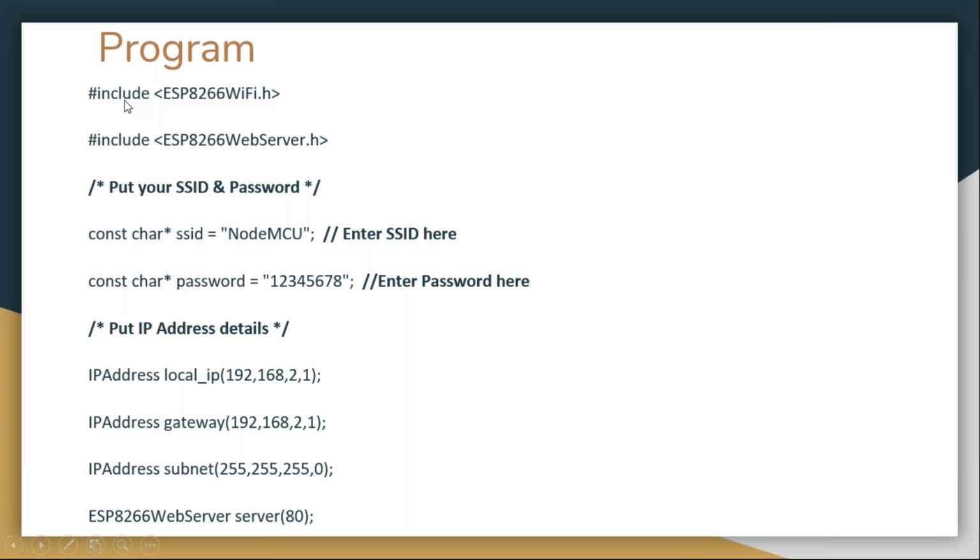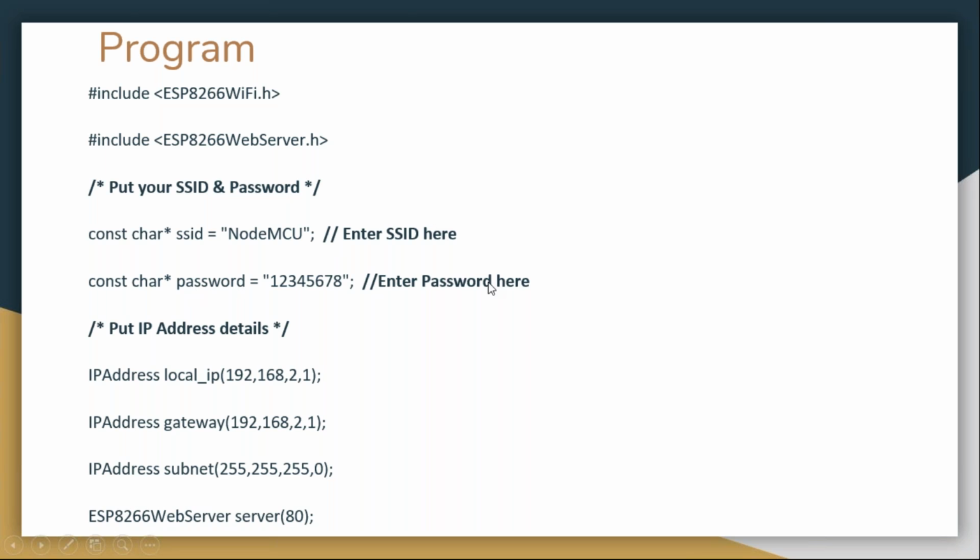And now we will set our credentials in our code. We will do the same: const char ssid, password, set the password here, and local IP address, gateway IP address, subnet mask, and ESP8266WebServer at local port 80.